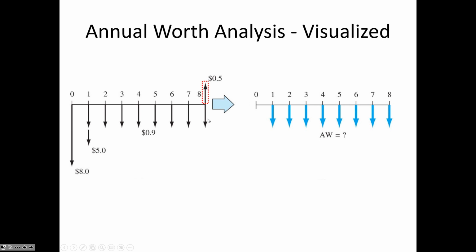But there's a single future value that needs to be annualized here in year 8. There's another single lump sum value in year 1, and a lump sum value in year 0. So these three amounts you have to convert to an annual basis and then combine with the amounts that are already on an annual basis.